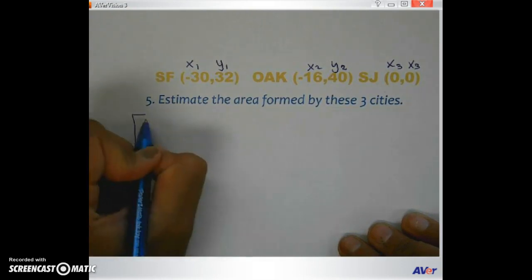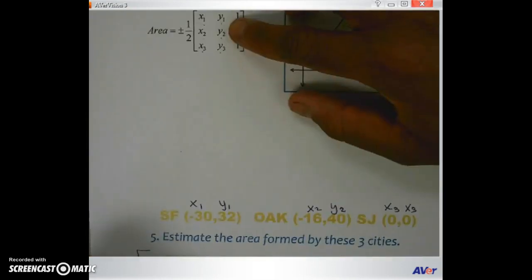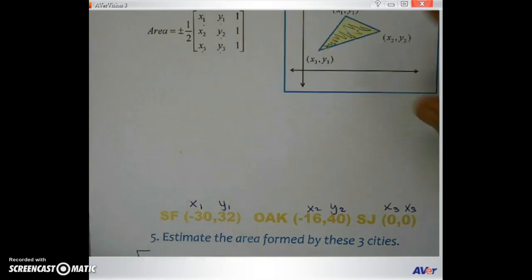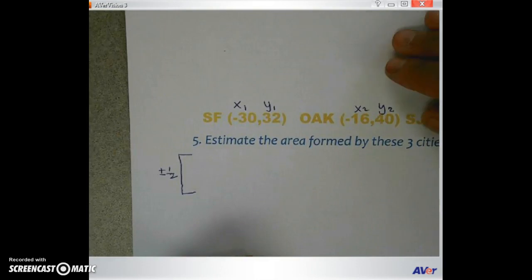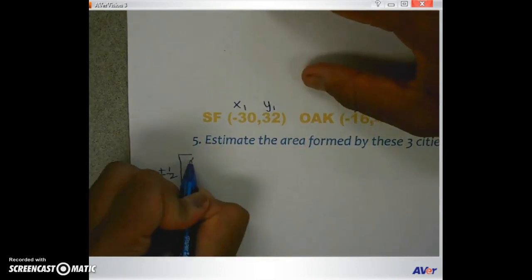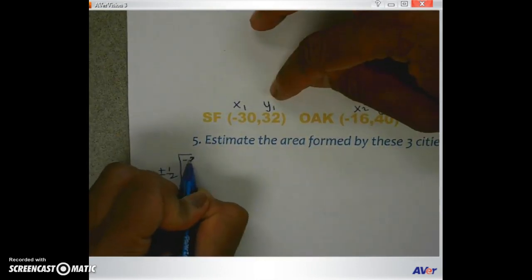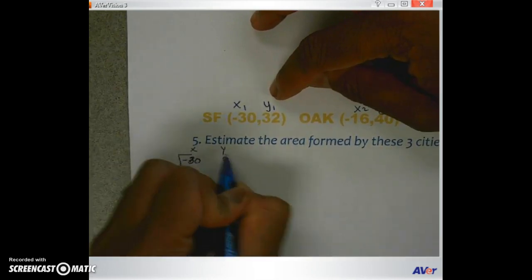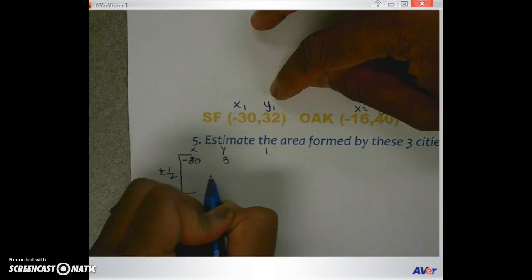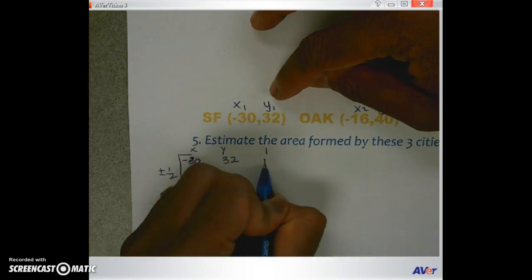So first, as a matrix, using what we had up here, I'm going to plug in each thing. So it's actually positive or negative 1/2 times, now I have x1, y1, so negative 30, 32. So I'm going to do my x's, my y's, and then 1's. 32 and then 1.